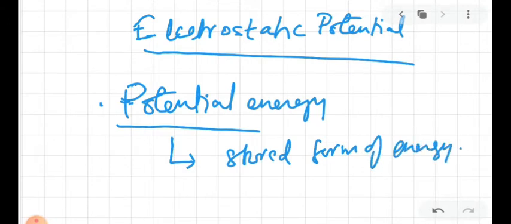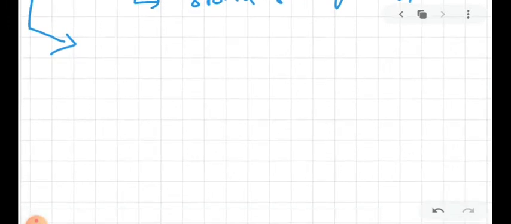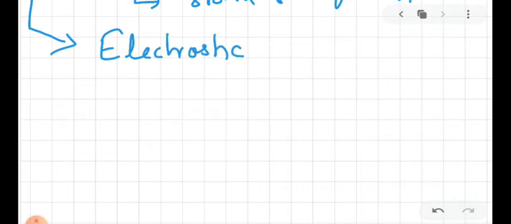Electrostatic potential is almost a similar concept, where the stored energy is known as electrostatic potential energy. So we have the electrostatic potential energy.